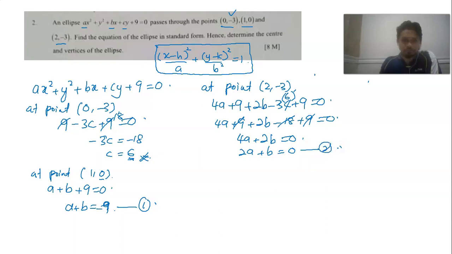This is equation 2. Because we have b and b, let's take equation 1 minus equation 2.